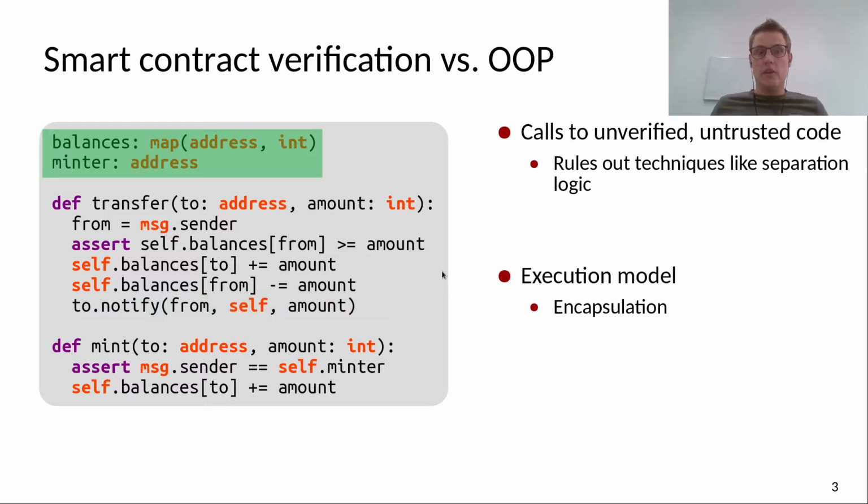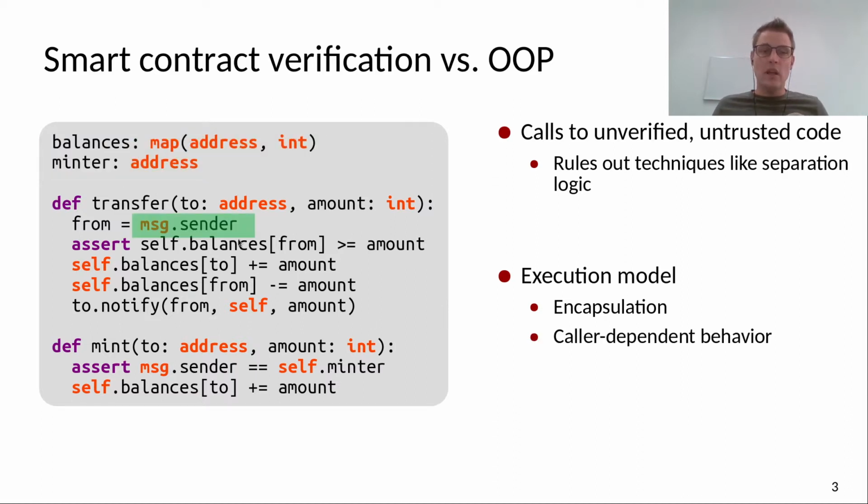Second of all, the execution model or language model is somewhat different. So we have stronger encapsulation. In particular, the fields here cannot be modified by any other contract, only by the code of our own contract. And second, every function can inspect who called it. It can do this by reading this message.sender field, which contains the address of the contract that called the current function.